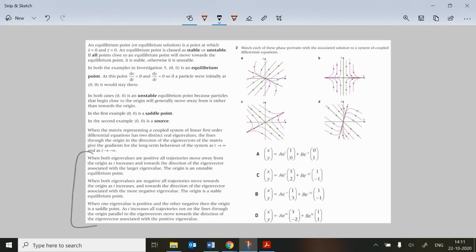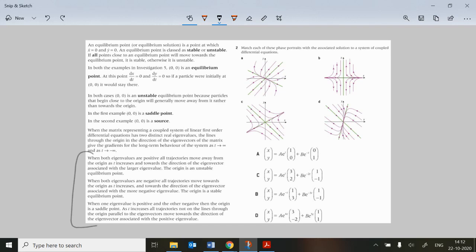Okay, so this is where it gets a little trickier, because now it's talking about the eigenvalues here. So it says when both eigenvalues are positive, all trajectories, so movements essentially, move away from the origin as t increases and towards the direction of the eigenvector associated with the larger eigenvalue.